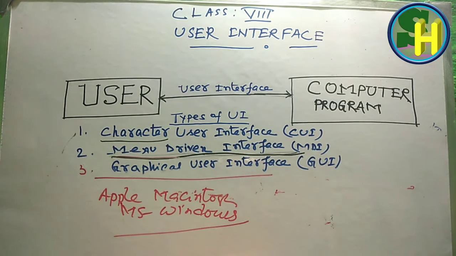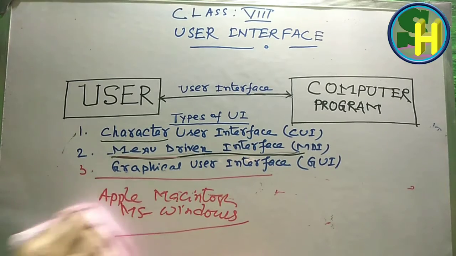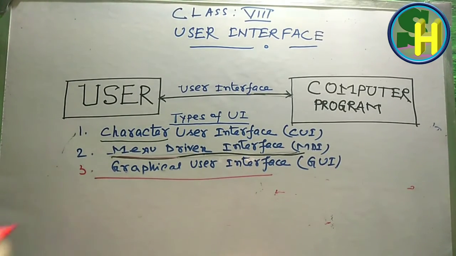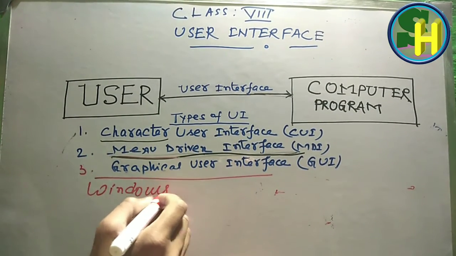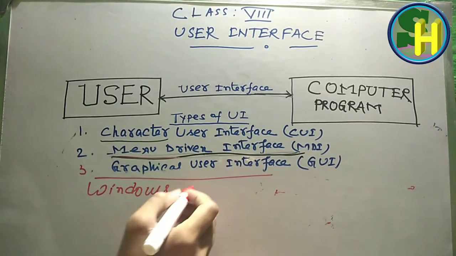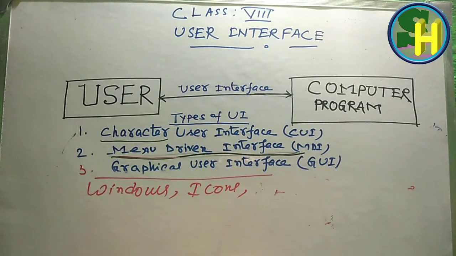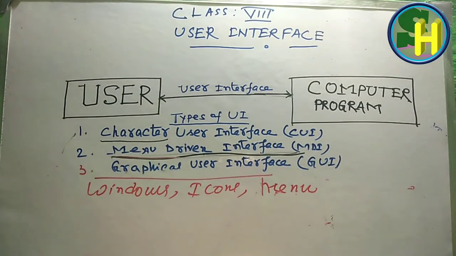There are types of graphical components. One is the windows. Next is icons. Next is menu.